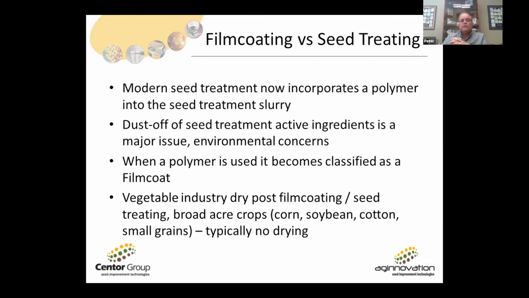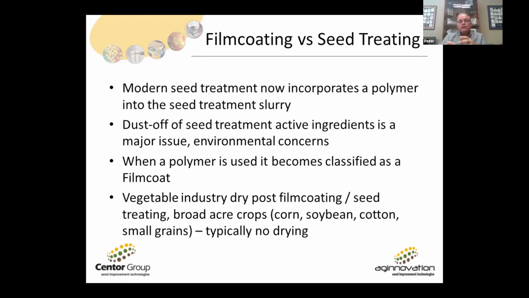But nowadays, with the advances of polymers and slurries and active ingredients, we can make a very nice package that goes onto seed, and with that polymer, it will cure, as I said before, into a fishnet type effect around the seed, and allows it to hold the active ingredients on that seed.